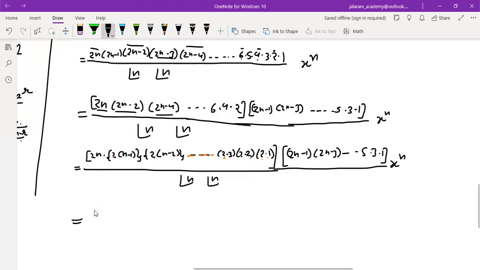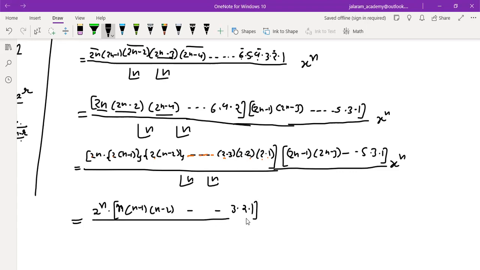So it is then 2 to the power n into (n minus 1) into (n minus 2) and so on up to 3 into 2 into 1, over factorial n into factorial n into (2n minus 1) into (2n minus 3) ... 5 into 3 into 1 into x to the power n.